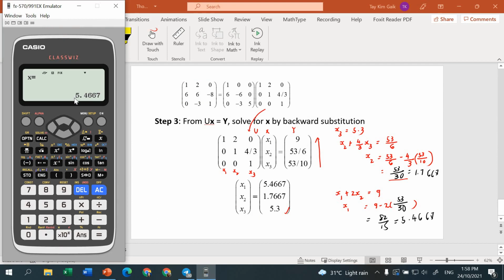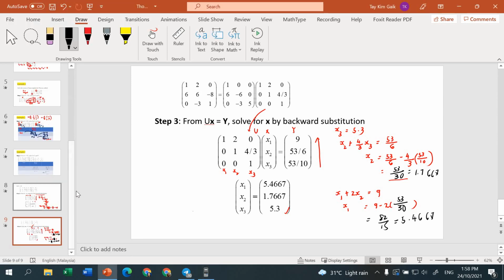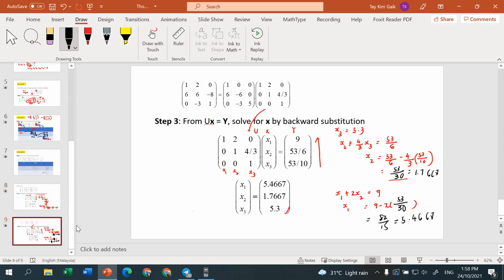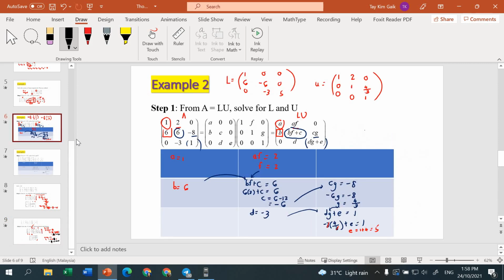Same. This is how I keyed in the original system. So in step 2, you can skip the forward substitution and use equation mode to obtain the y directly. Step 3 also, you can skip the backward substitution by keying in the system Ux equal to y to obtain the x.